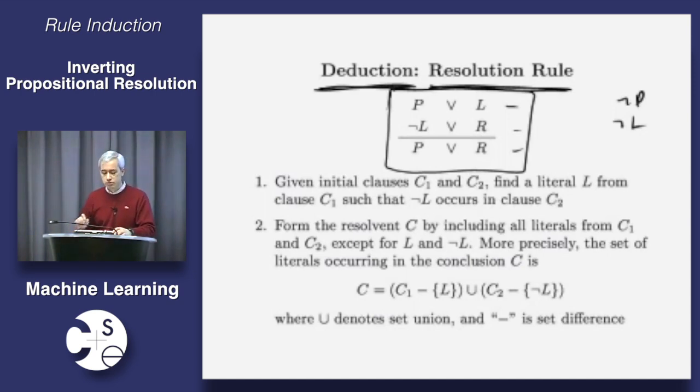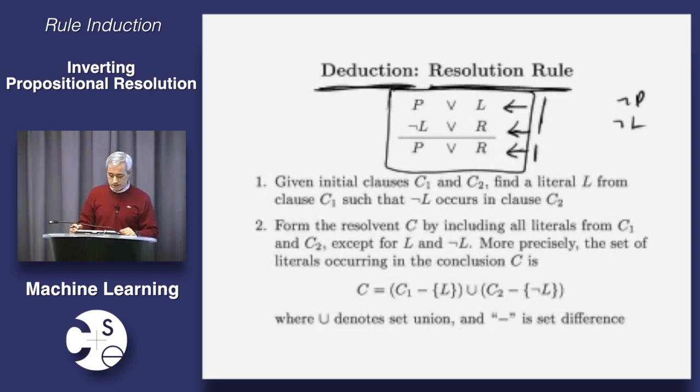And here's what the resolution rule says. This is not the general resolution rule, but it's a simple case for us to get a handle on it. It says that if I have in my knowledge base the clause P or L, remember P and L are just Boolean variables, and I also have the clause not L or R, I can infer the clause P or R. Right, so these are what I had before, and this is what I have after I apply resolution.